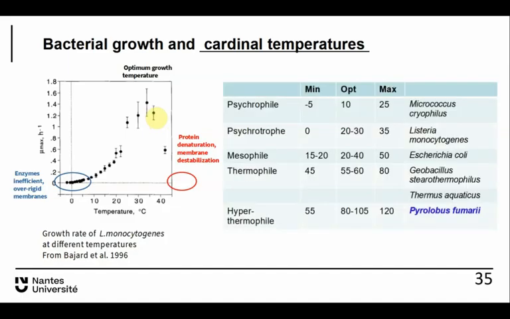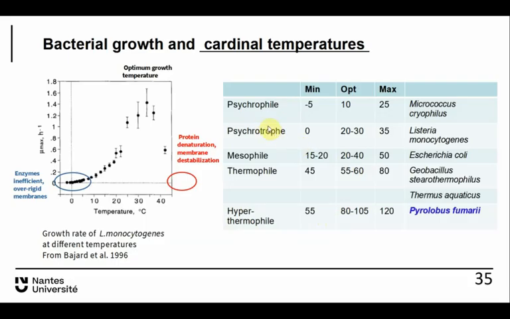Okay, so this temperature dependence of bacterial growth is summarized by particular terms. Mesophiles are bacteria that have an optimal growth temperature between 20 and 40 degrees. Thermophiles have their optimal growth between 55 and 60, and hyperthermophiles have an optimal growth temperature higher than 80 degrees.